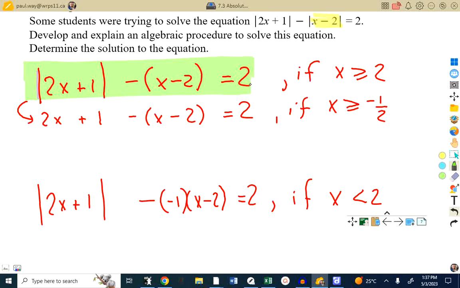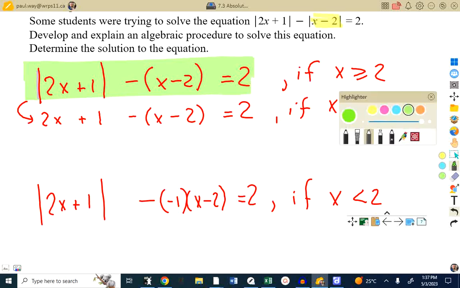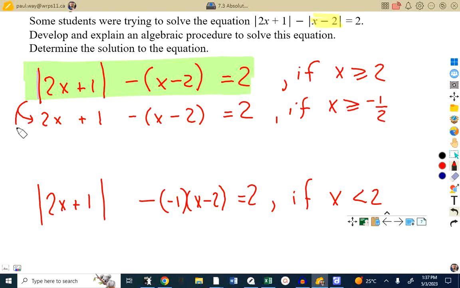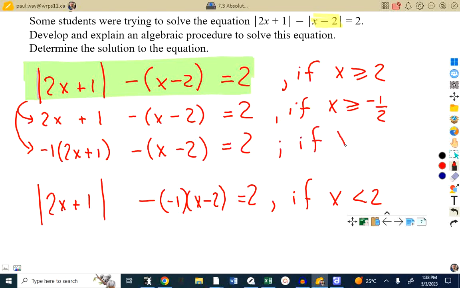The second equation would be negative 1 times 2x plus 1 minus the x minus 2 equals 2 if x is less than negative 1/2. I'm getting the negative 1/2 because 2x plus 1 is greater than or equal to 0 when x is greater than or equal to negative 1/2.